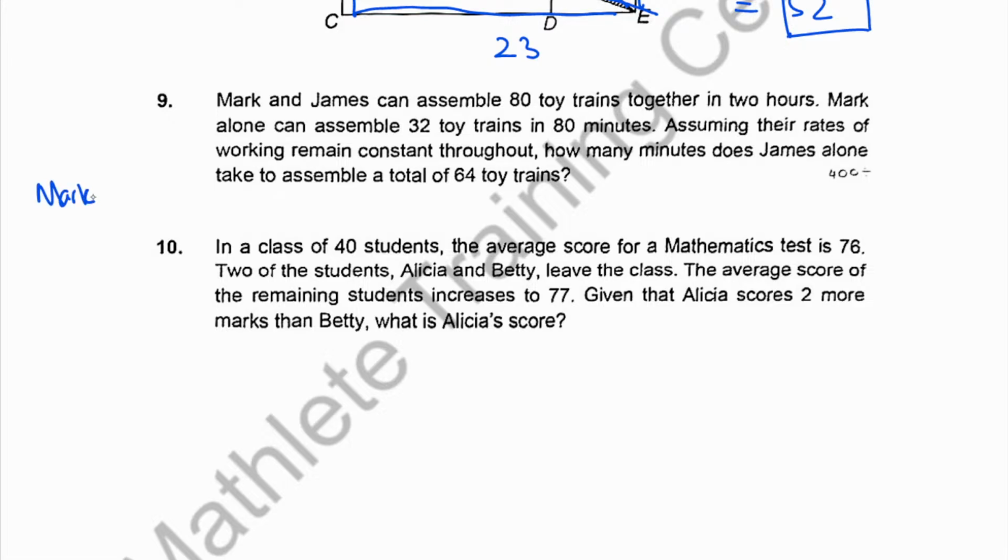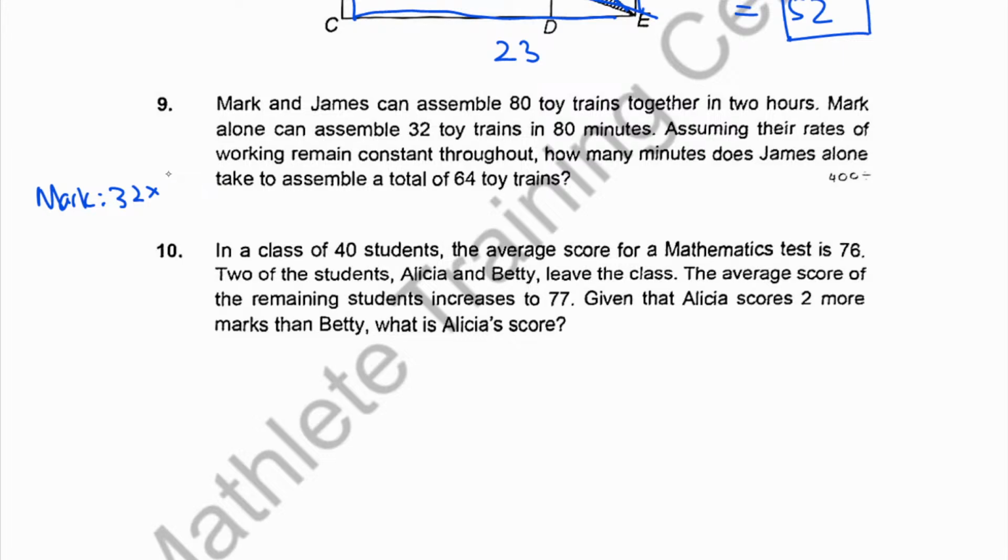So Mark will take 32 times 120 over 80, right? Because 2 hours is 120 minutes. So he should increase the number of toy trains that he can make proportionally. If you simplify the fraction, it will become 3 over 2. So this is 48 toy trains in 2 hours.